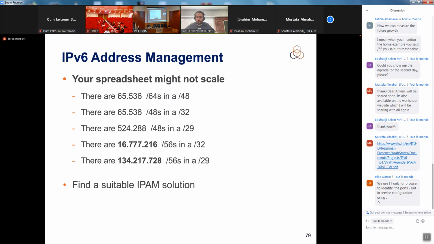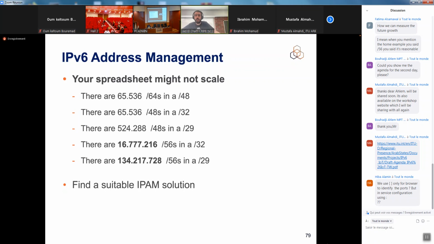So if you receive a /29 from the RIPE NCC, or from your RIR, and you want to do subnetting of /56, you can have more than 134 million of these. So imagine an Excel sheet with 134 million rows. Good luck managing this. Good luck opening this file on your machine.